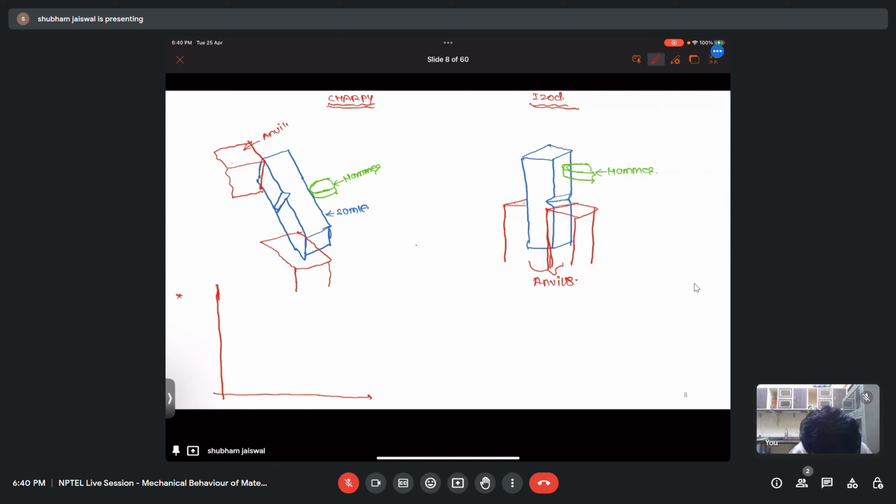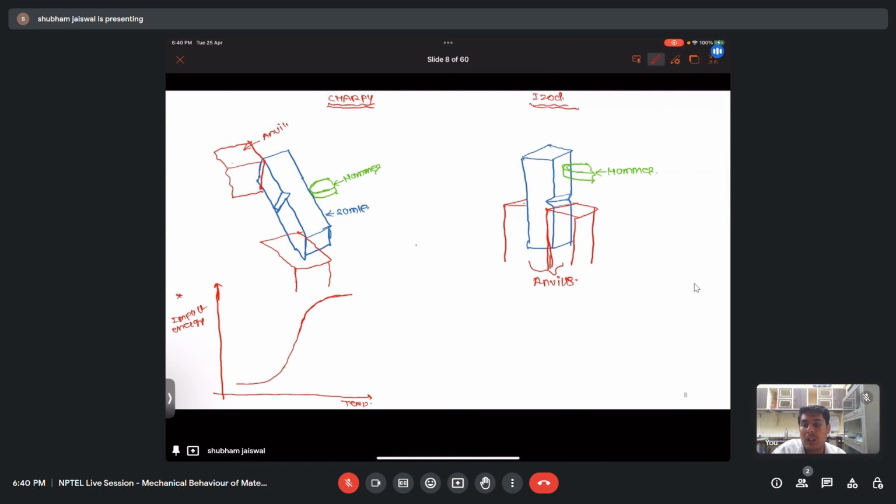Okay, so on the y-axis they have the impact energy and here they have the temperature. So what they found, they found this S type of graph.